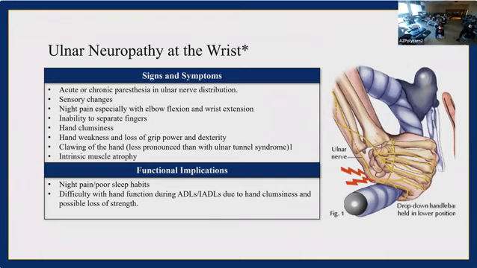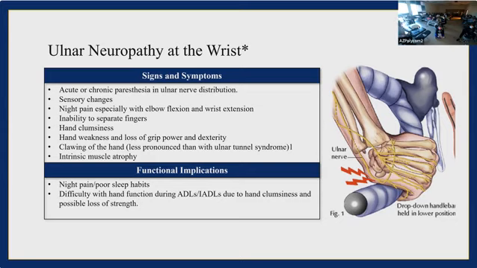Two, could be from swinging something, golf club, tennis racket, bat, where you go into this forceful ulnar deviation. Another way that you can get this is through compressive, sustained positions on the ulnar nerve, like long distance cycling, where you're just always weight bearing on the handlebars.